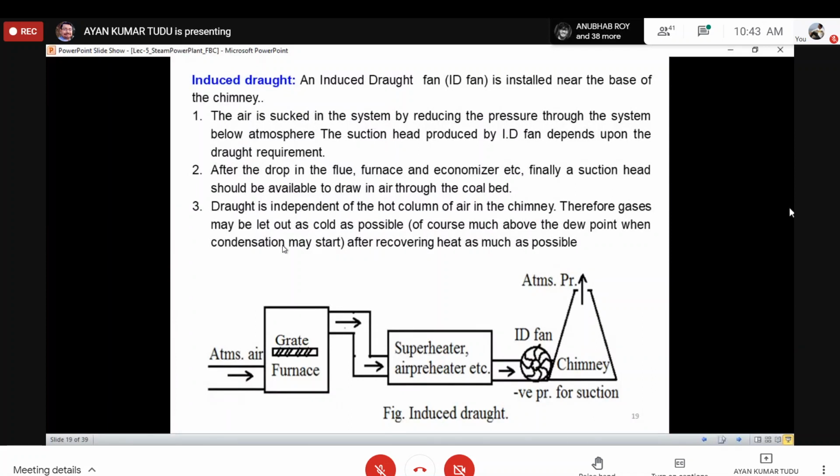So the draught is independent of the hot column of air in the chimney. Therefore, the gases may be let out as cold as possible, of course much above the dew point when condensation may start, after recovering as much heat as possible.